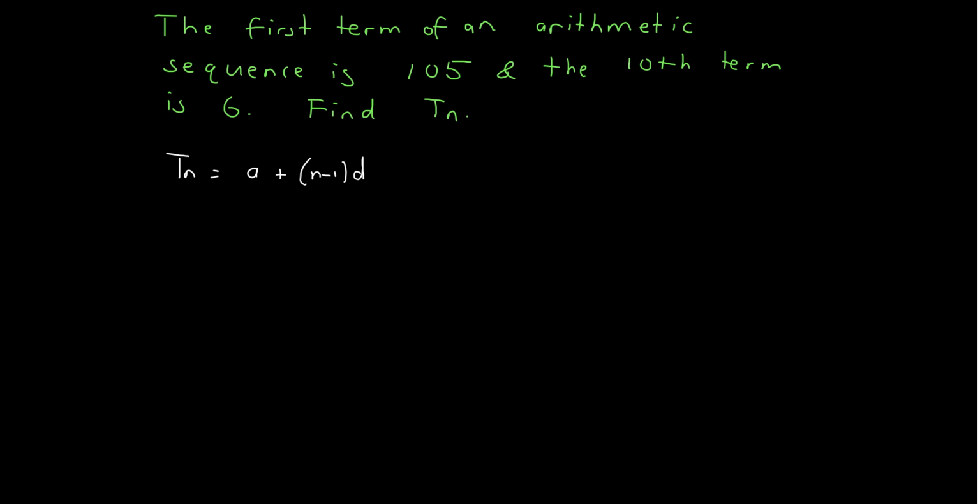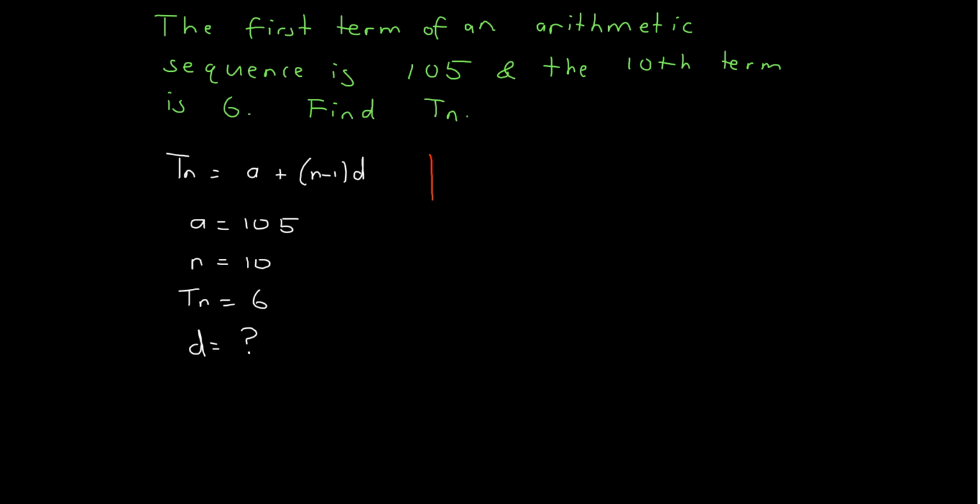Okay, so let's start off by subbing in our numbers. We know that a is the starting term and the first term is 105, so I know that a equals 105. That was nice and easy. I know that the 10th term is 6, so that means n equals 10, and t of n equals 6, and d is whatever it is that we have to find.